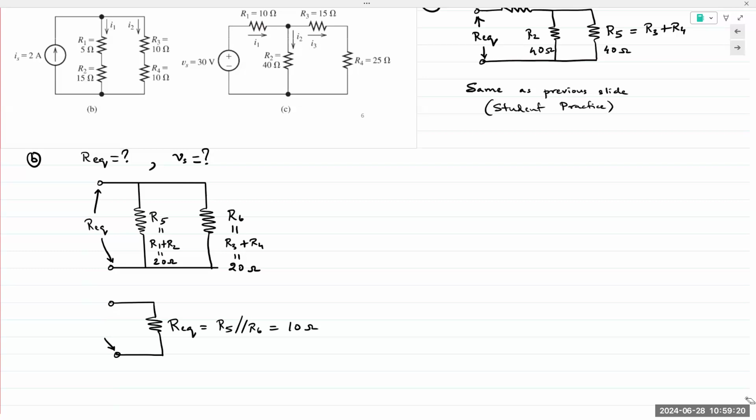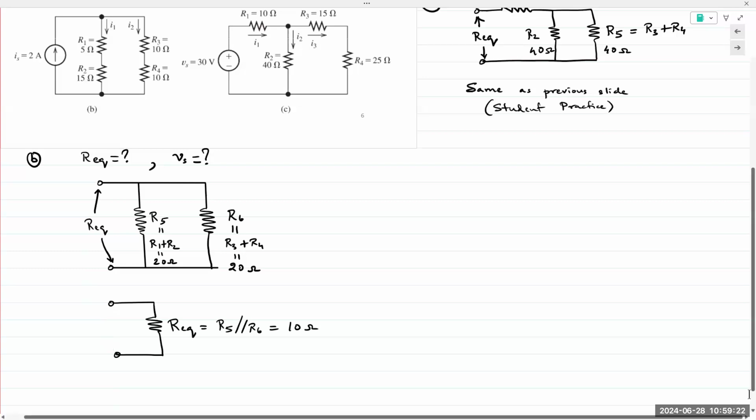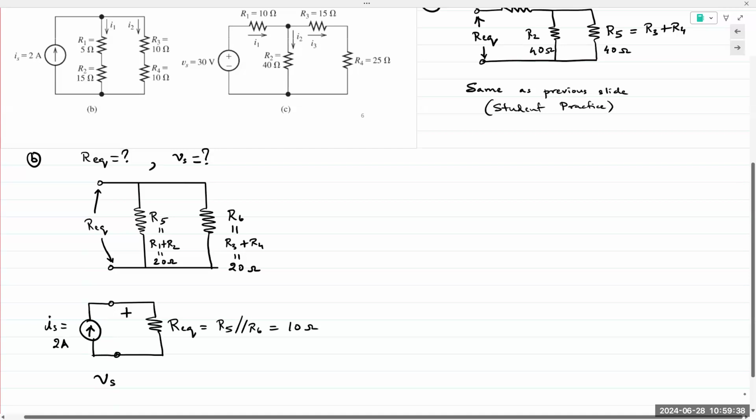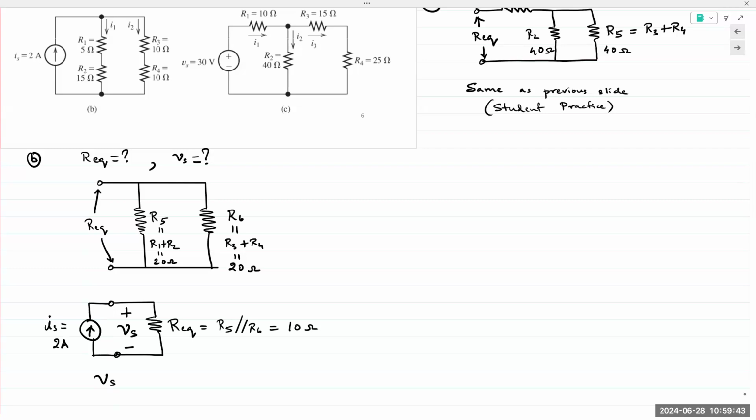So now I will plug the current source back in. And I would find the voltage Vs. When you have two components connected like this, it's a very unique circuit in the sense that the two components are in series and they are also in parallel.